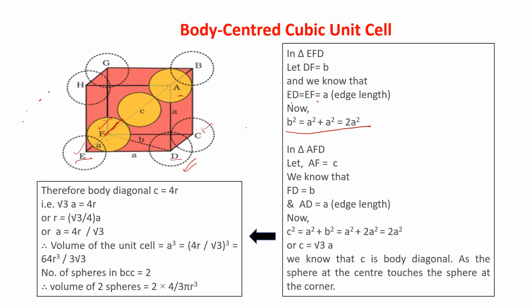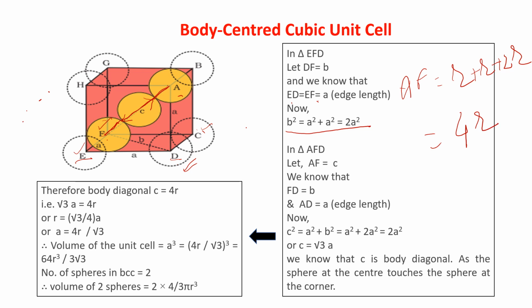And the center atom C, from here to here, is 2r. So the total AF is r plus 2r plus r, which is equal to 4r.